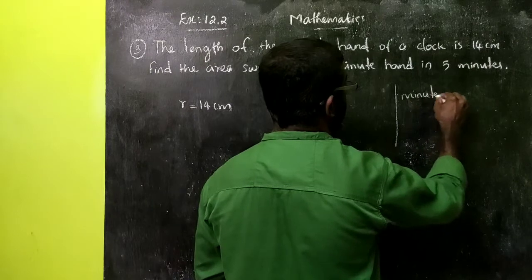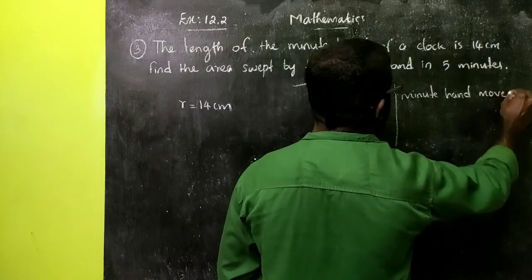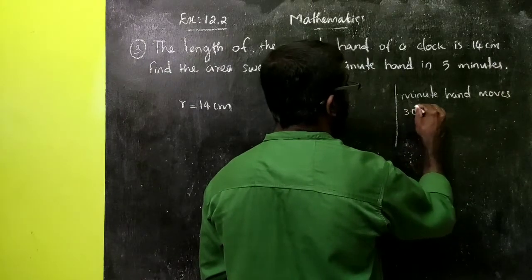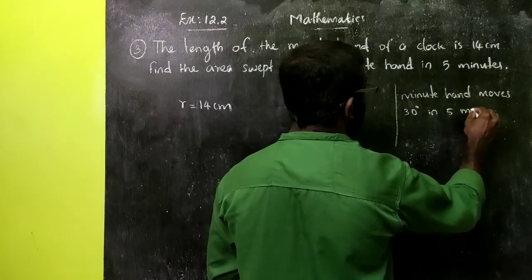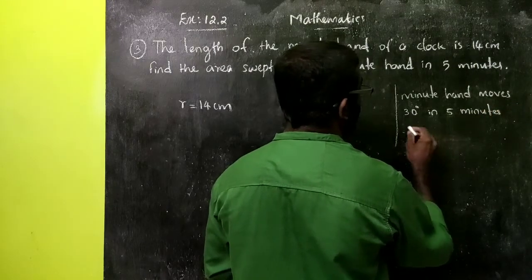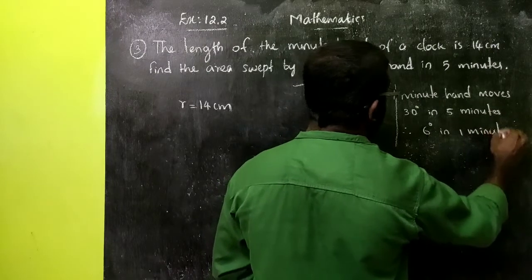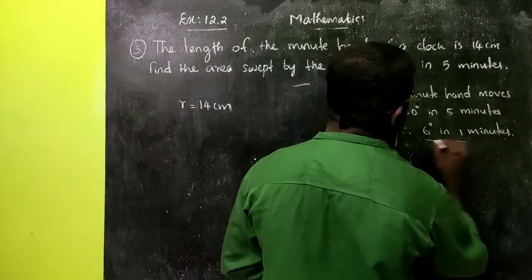Minute hand moves 30 degree in 5 minutes. Therefore 6 degree in 1 minute. So this is very important.